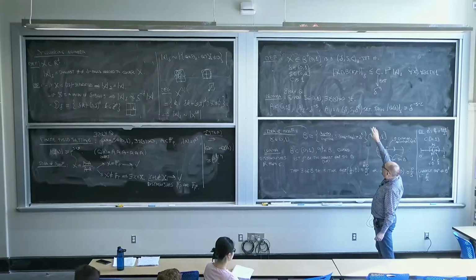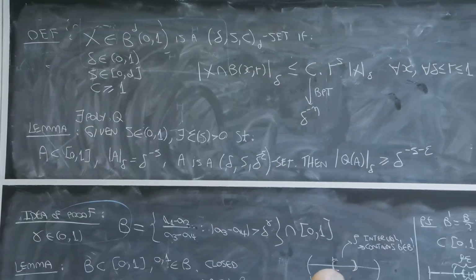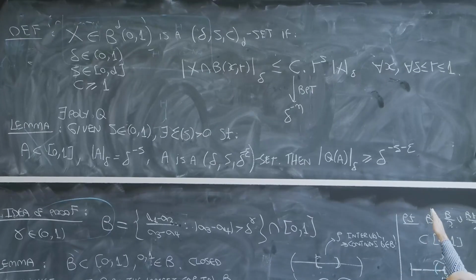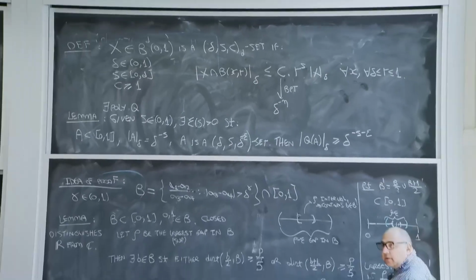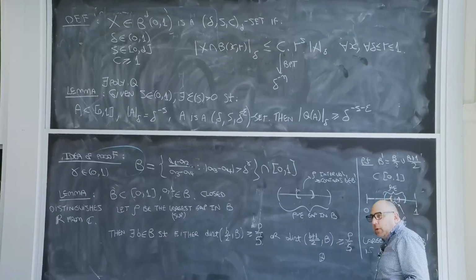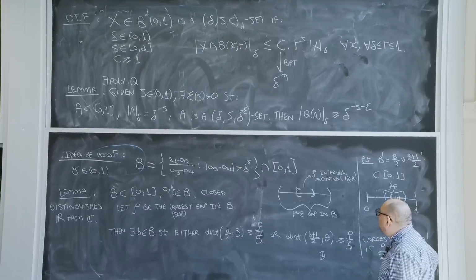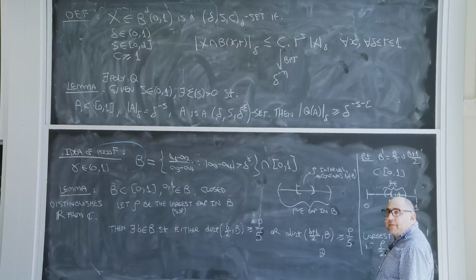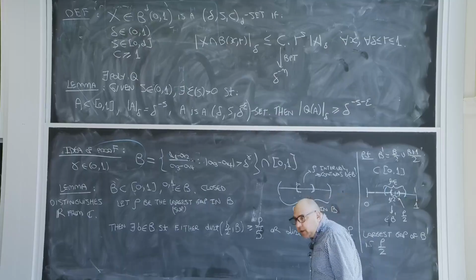So we have a delta to the minus epsilon set of size delta to the minus s. Then we apply Q, and the size grows. OK, so what's the problem? We would like to iterate, but we cannot. So why can we not iterate? Well, a priori, we cannot. I'm not saying in the end we will not iterate. But why is it completely unclear whether we can iterate? There's no guarantee that Q of A will satisfy the spacing condition? Exactly. That's the issue, and it is a big issue.